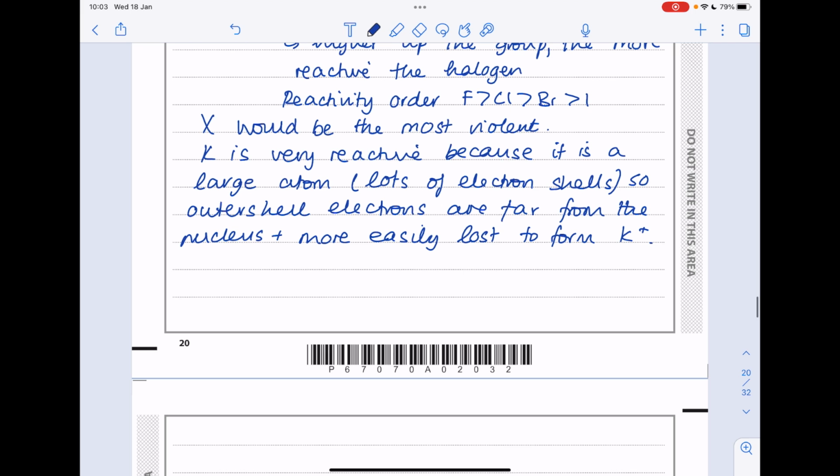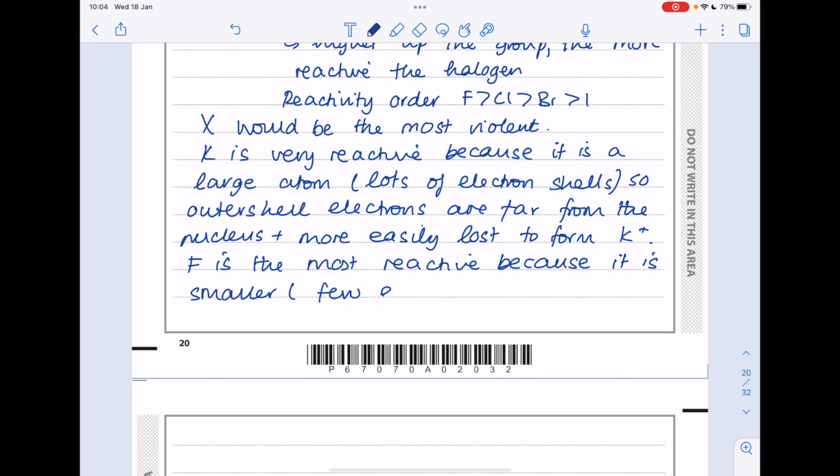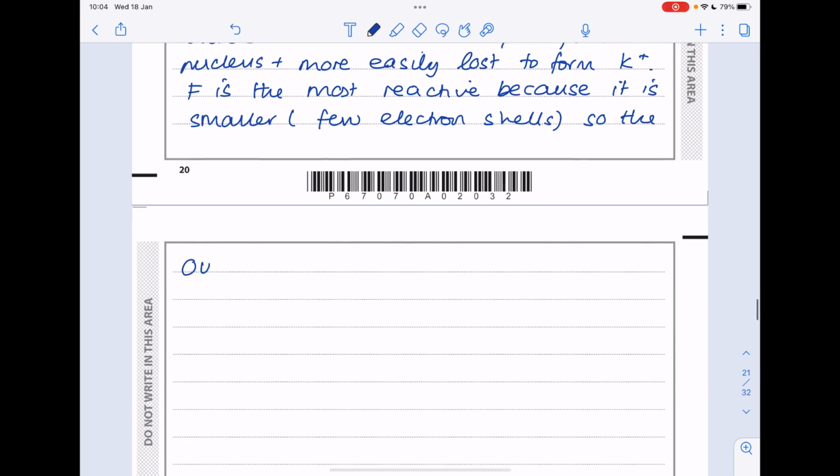Now we need to argue why fluorine is the most reactive halogen, because it is very small, so it has few electron shells. So the outer shell electrons this time are more tightly attracted.